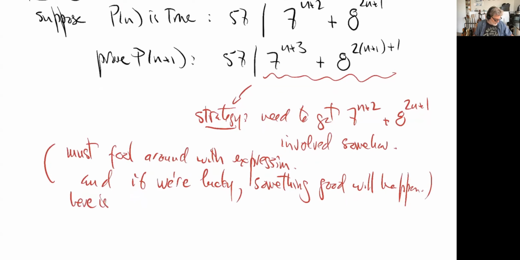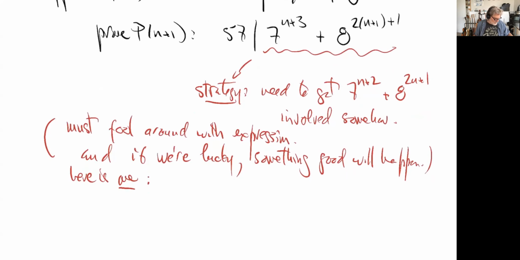So here is one. Okay. So I've got 7 to the power n plus 3 plus 8 to the power 2n plus 3, right? So this is what we're looking at. And I'm hoping to get 7 to the n plus 2 plus 8 to the 2n plus 1 involved somehow.